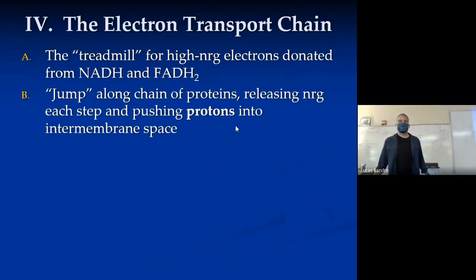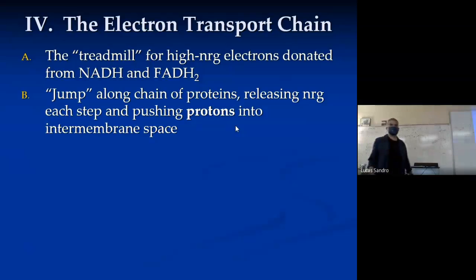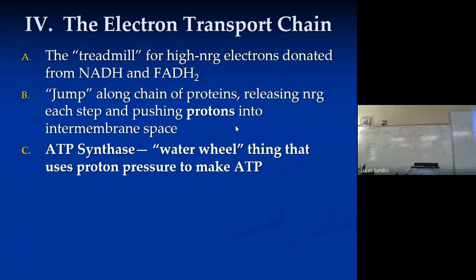These electrons jump along those proteins stepwise, moving protons in the intermembrane space the whole time. So protons get pushed into the intermembrane space. The ATP synthase is the water wheel that uses the force of those protons escaping to build ATP.